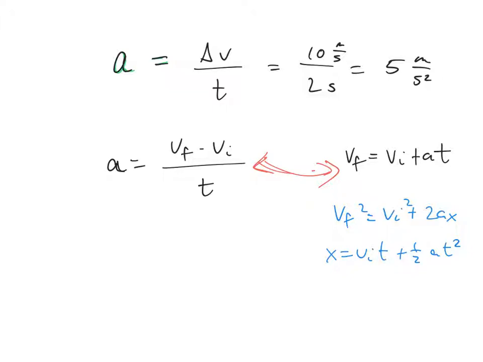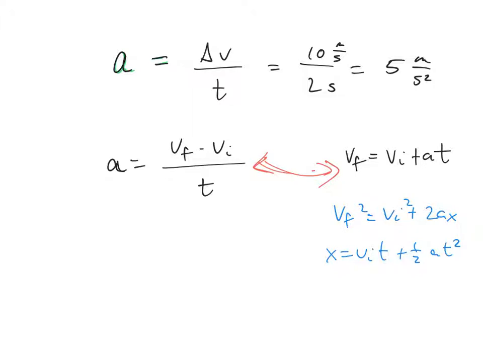On one of our homework questions, I don't know if it was a problem set or one from a while ago, it said solve for VI. And there's no formula to solve for VI, so which one should you do? Well, in that case, you have to pick based on what you're given. If I'm given time, acceleration, and VF, I would probably use this to solve for VI by moving this quantity over here.